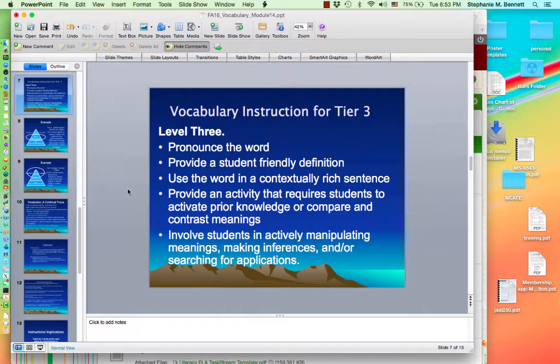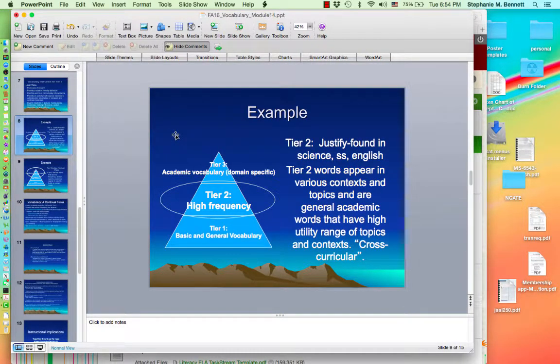We want to provide the student-friendly definition, the contextually rich sentence, the activity, but then also allow the students to start manipulating the meanings of the words, making inferences, searching for application, removing suffixes from the words, looking at prefixes and suffixes, thinking about Latin and Greek roots and affixes, and how we can manipulate language is something that's very helpful with Tier 3.